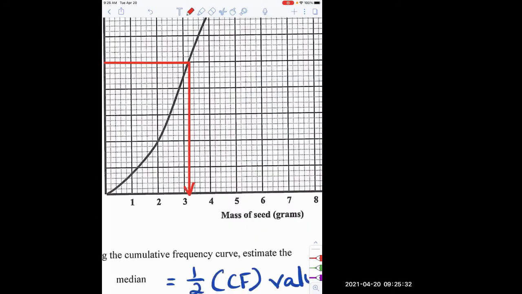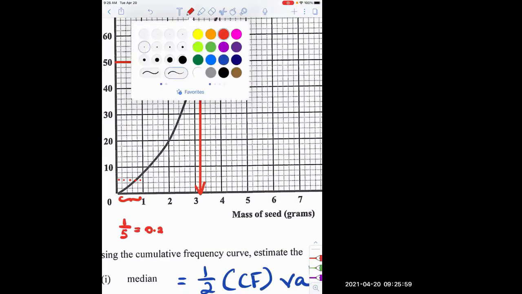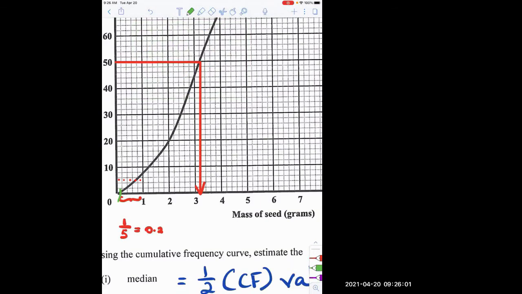From observation, there are 1, 2, 3, 4, 5 mini blocks within this block here. So if we divide 1 by 5, we will get 0.2. So each mini block represents 0.2.